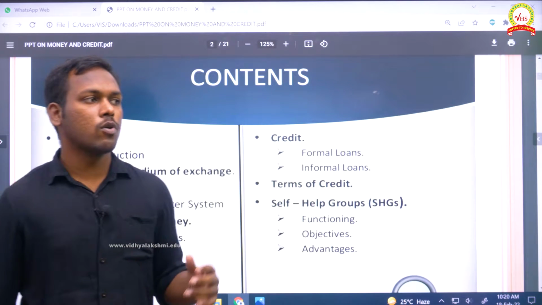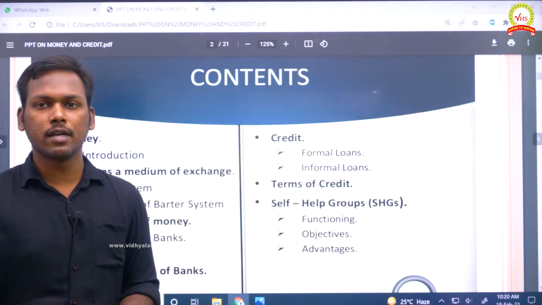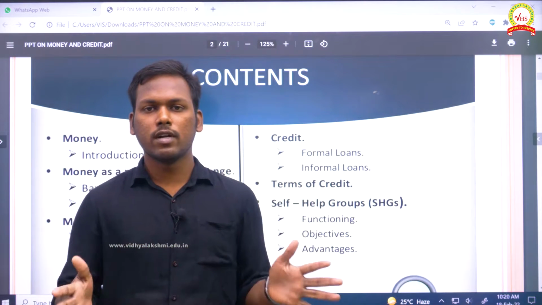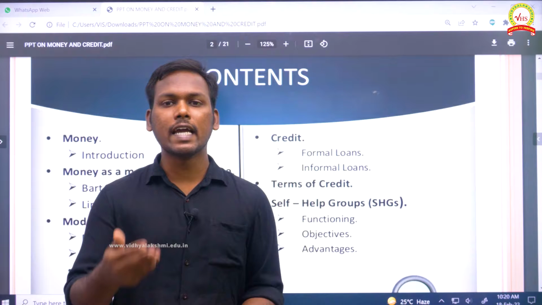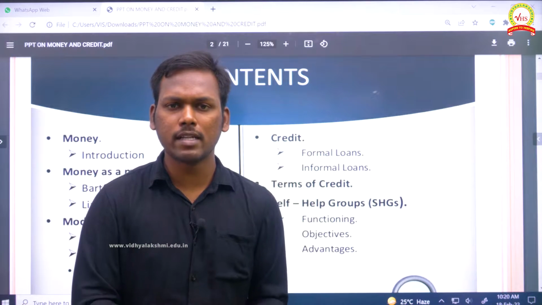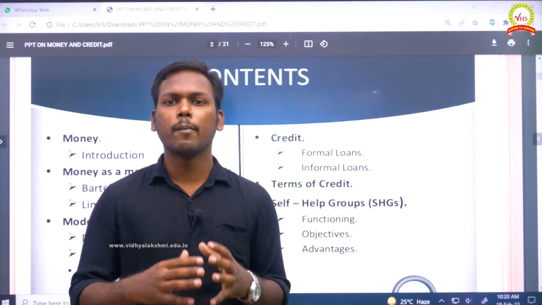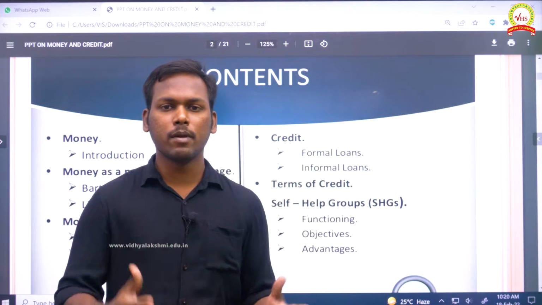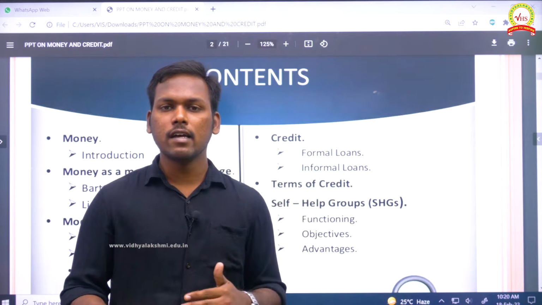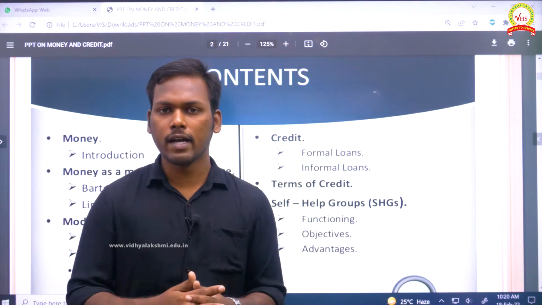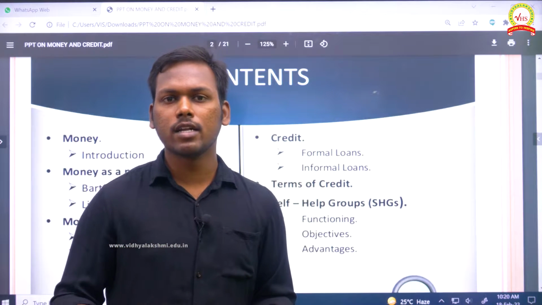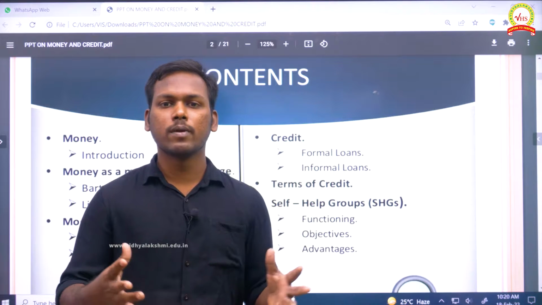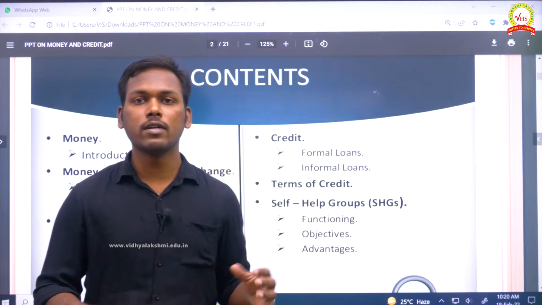And credit, which is all about loan activity. Here we have two different types, formal and informal loans. Formal means you are dealing with a bank, especially nationalized banks, where the interest rate will be very minimal. Informal is not about banks; it could be friends, relatives, moneylenders and so on.